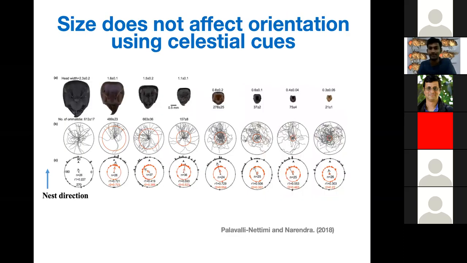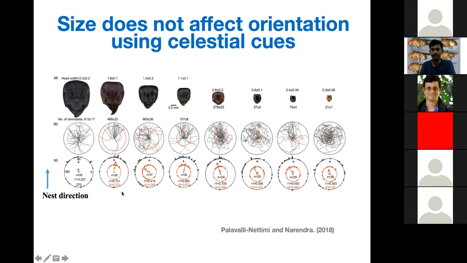So we repeated this across 8 different species that have 613 ommatidia to 21 ommatidia. And we plotted the paths taken by all of these ants. Similarly, we also plotted the final heading directions of these ants as they exit the platform that you can see here. Here the fictive nest direction for all of them is pointed upwards.